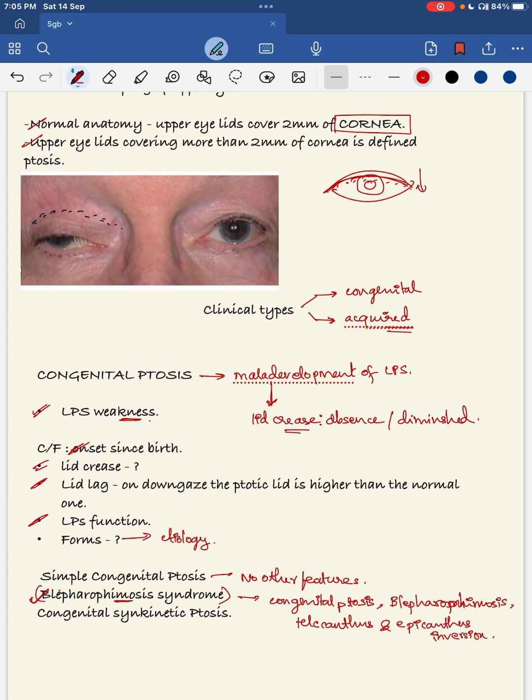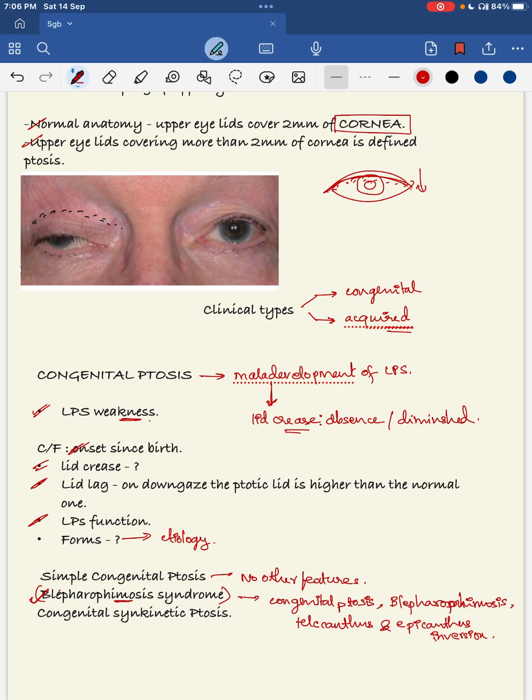This is a complex phenomenon, also called trigemino-oculomotor synkinesis. See, synkinesis. The pterygoid muscle is supplied by the fifth nerve, whereas LPS is supplied by the third nerve. These two muscles are supplied by two different nerves independently.